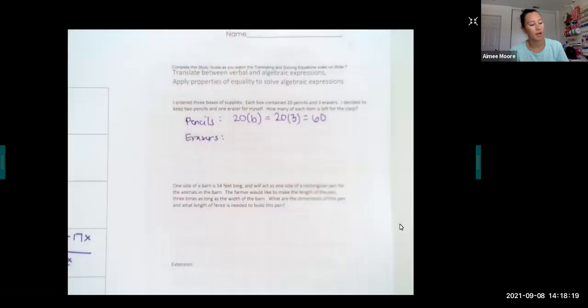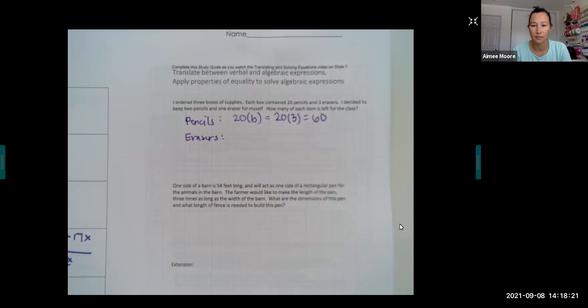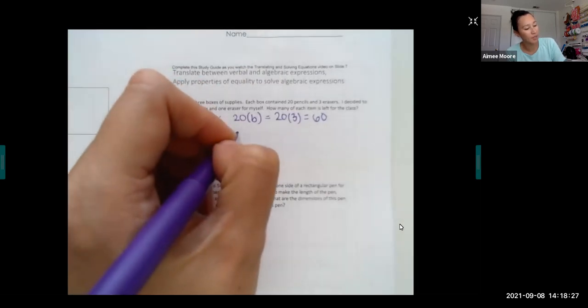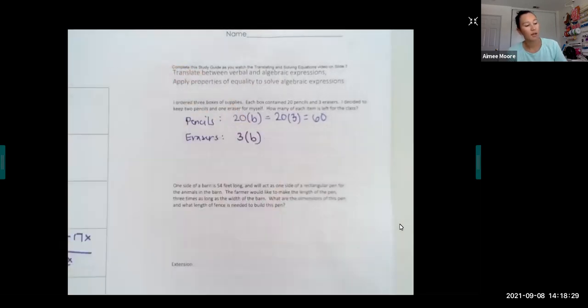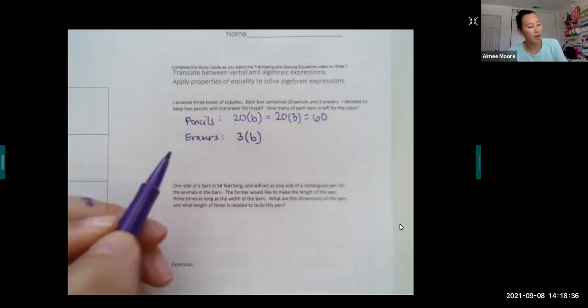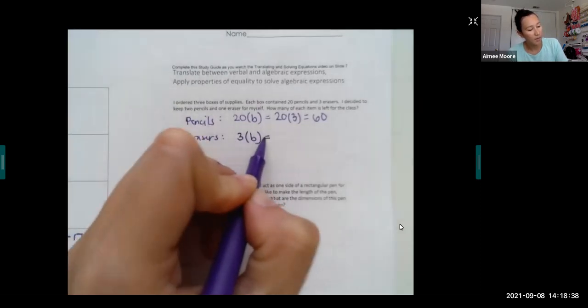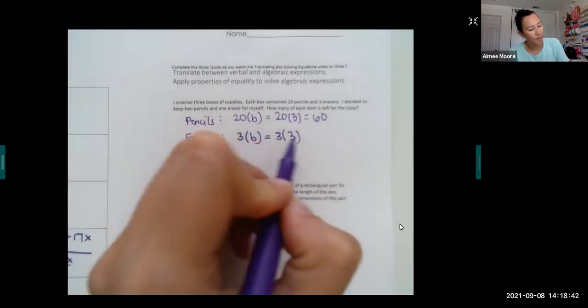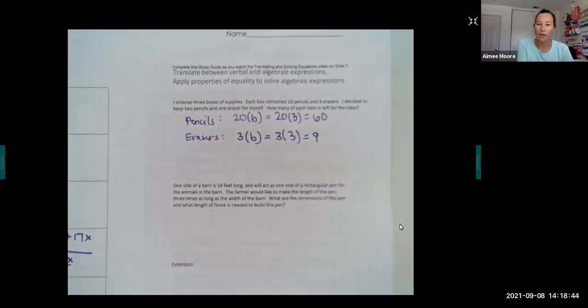So there would be 60 pencils. And then the box also contained 3 erasers in each box. So to calculate the number of erasers, it would be 3b, which in this case, 3 boxes were ordered. So there would be 9 total erasers.